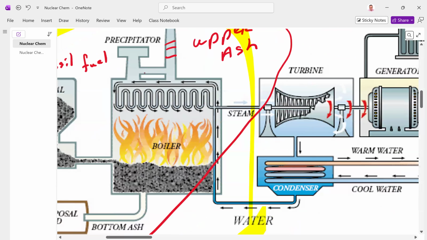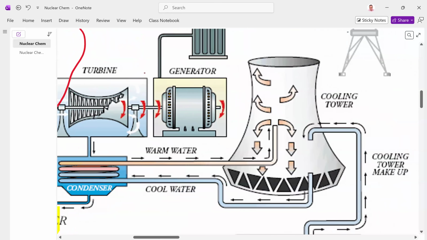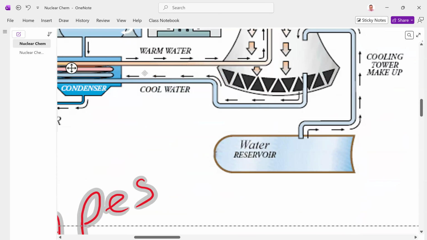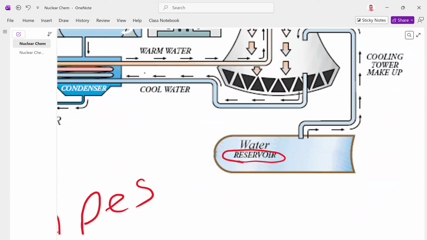Now, the source of water comes from some reservoir or lake, river, ocean. Now, ocean is bad. Usually it's not usable because of the salt. However, it's useful in an emergency situation.